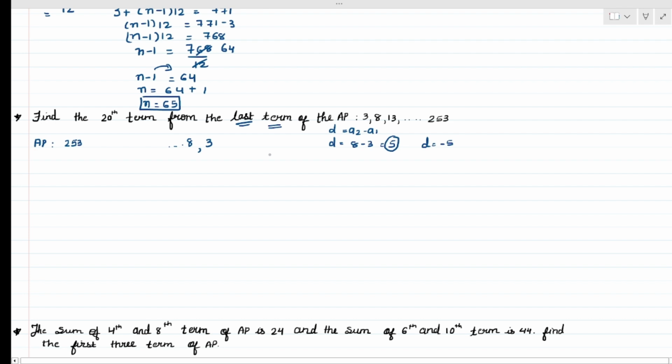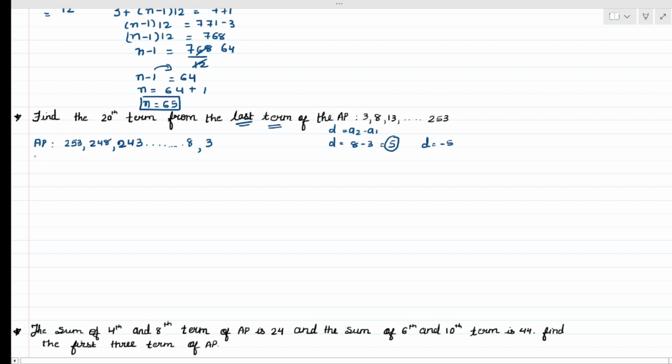So, 253, and for the second term, 253 minus 5 gives you 248. Again, minus 5 from 248, you will get 243. Okay, so this will become your new AP.